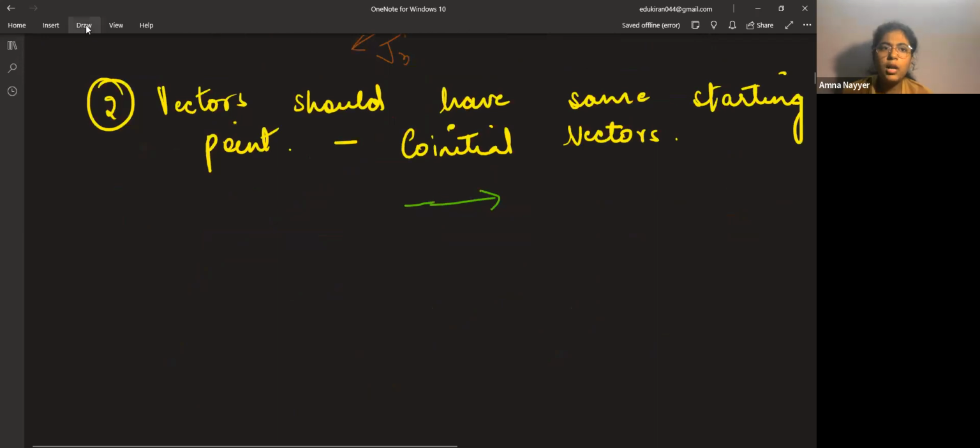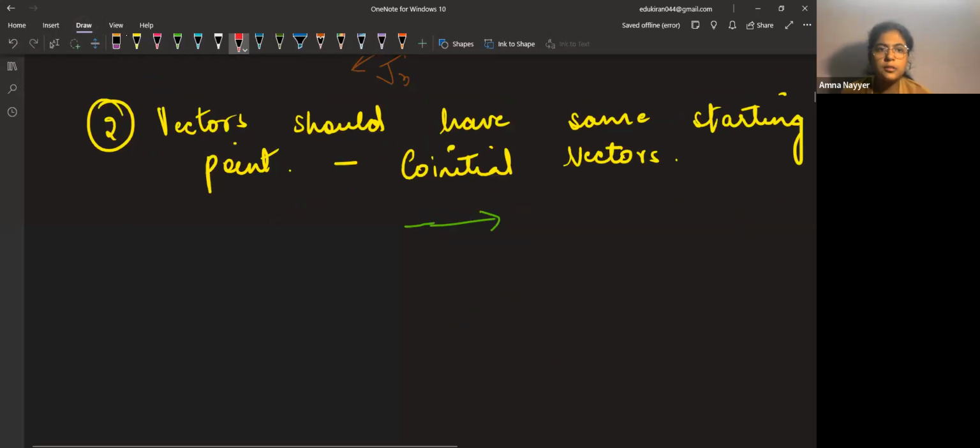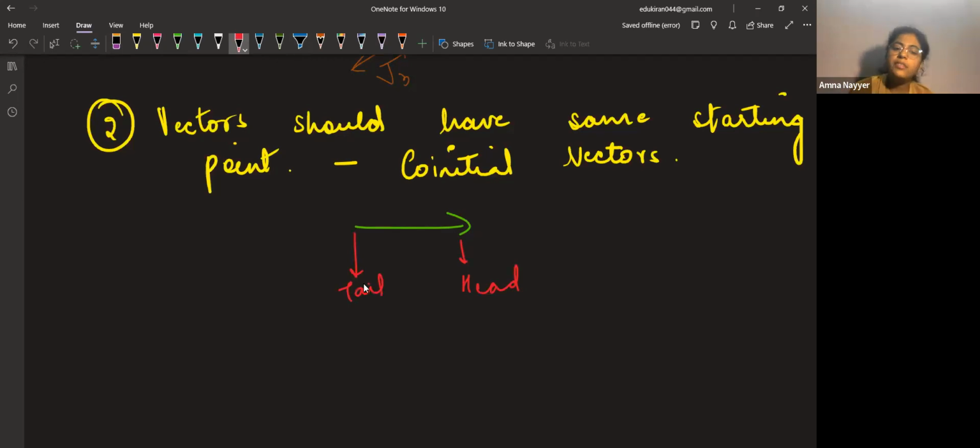I think you all have written it also. This part is known as the head of the vector, and this is known as the tail. For coinitial vectors, both the vectors should have their tails coinciding.